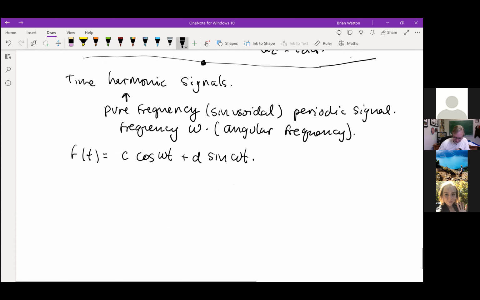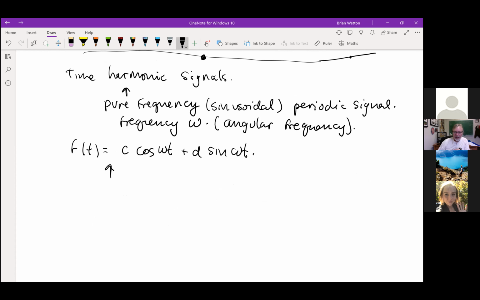Okay, and often what you want, right, is to put this into an amplitude phase form. Okay, again, I know a number of students know this. Okay, I also believe I have evidence that there are some students that don't know this, so that's why I'm doing it.